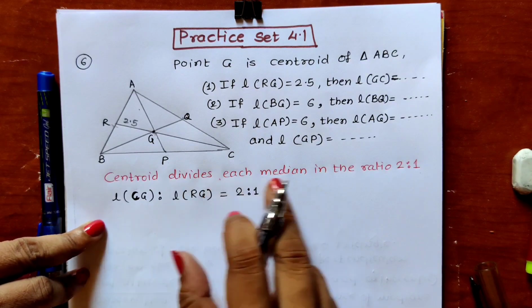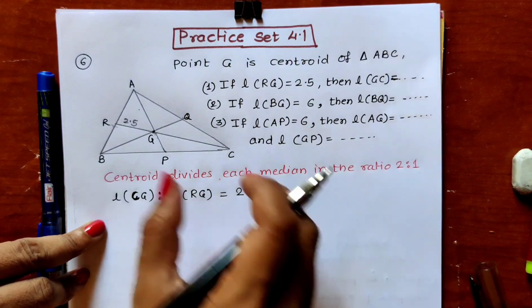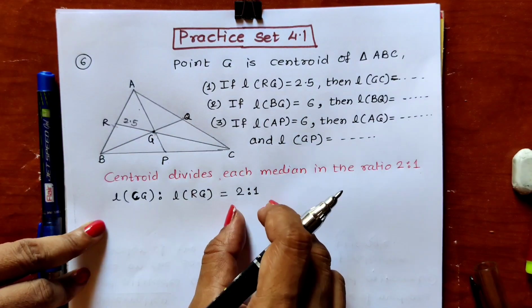The centroid divides the median in the ratio 2:1. So these two parts will be in the ratio 2:1.